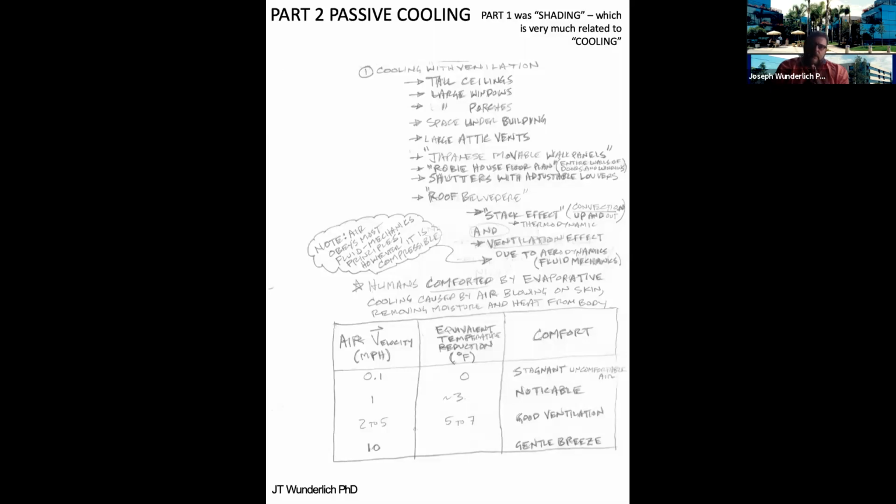So note, air obeys mostly fluid mechanics principles. However, it is compressible. So most of you engineers have taken some fluid mechanics, and you know that water's not compressible, but air is.